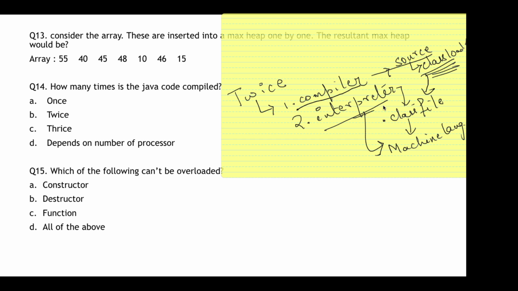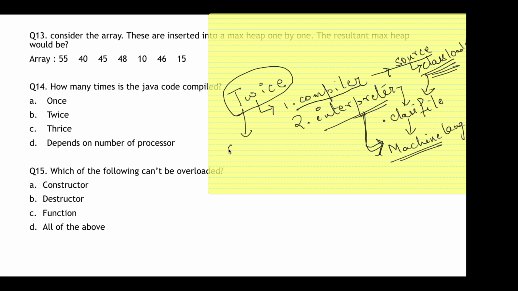That time the interpreter checks it before converting the code into machine language. So the Java code is compiled twice, and thereby it is more safe and secure. Okay, it's error free. So here your answer is option B.